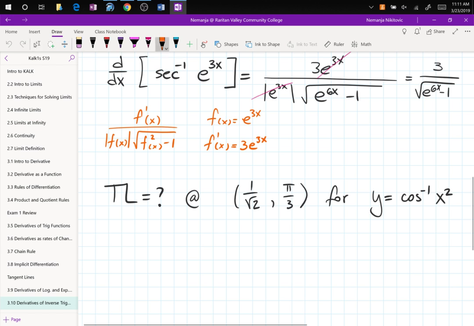We have negative f prime of x divided by the square root of 1 minus f squared of x. Now my f of x is x squared, so my f prime is 2x.